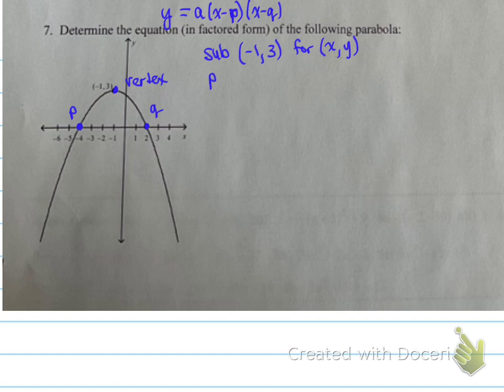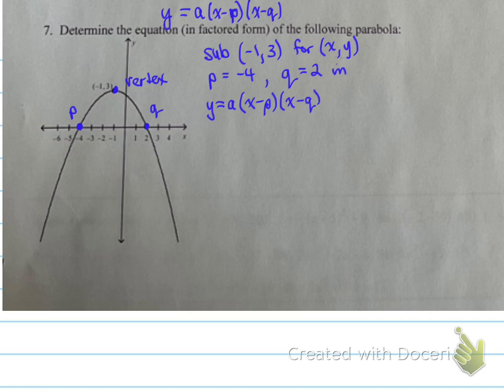So we sub -1, 3 for x and y. P equals -4 and q equals 2, in the equation y equals a, x minus p, times x minus q.